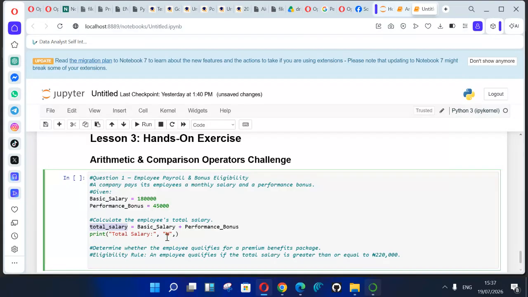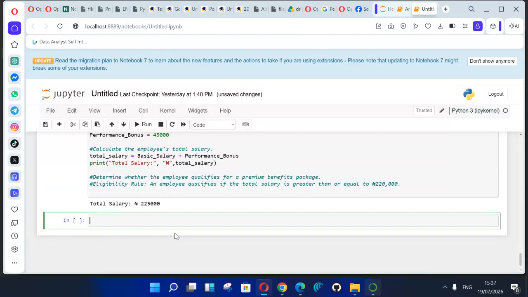Yes, this is what I want my output to be. Let's see. Okay, that's good.